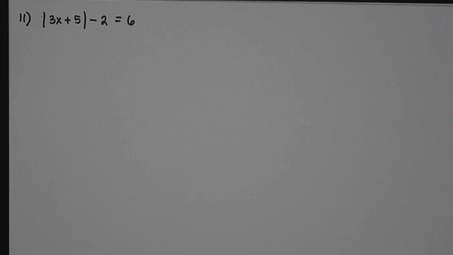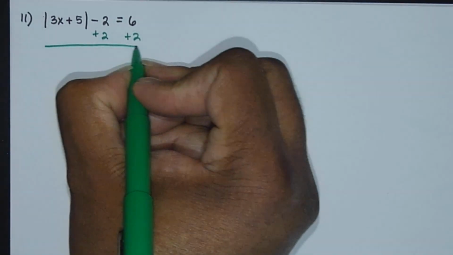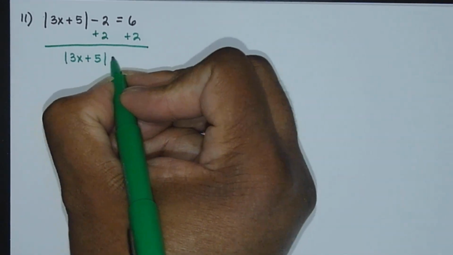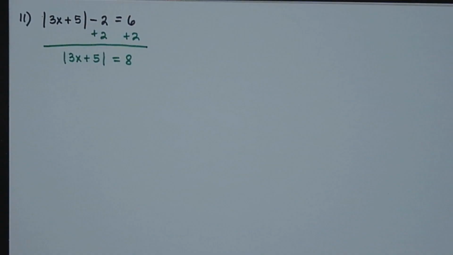So here, the absolute value of 3x plus 5 minus 2 is equal to 6. And here I want to solve this absolute value equation. First of all, I need to get the absolute value by itself. I'm subtracting 2, so I need to add 2 to both sides. So that means that the absolute value of 3x plus 5 is equal to 8.